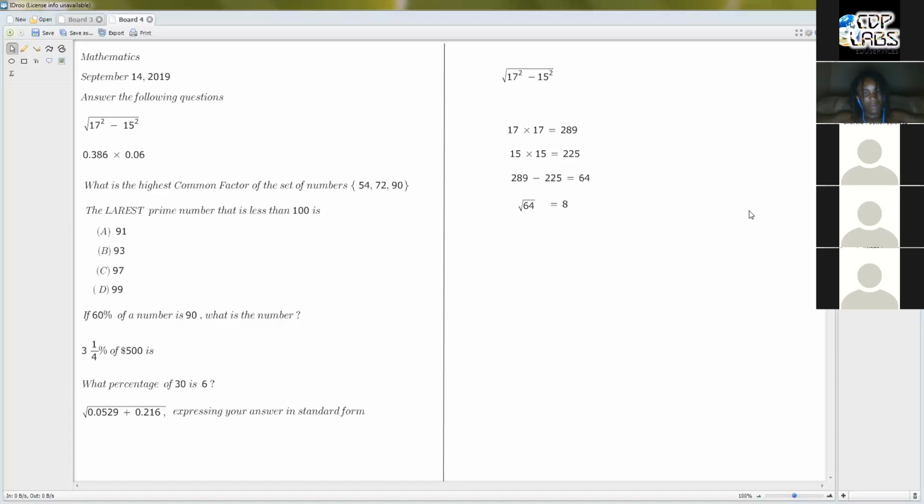You can either multiply it as it is on your calculator, or you can convert it from decimal to fractions, and then convert it back when you're through. So let us do the conversion from decimal to fraction first.